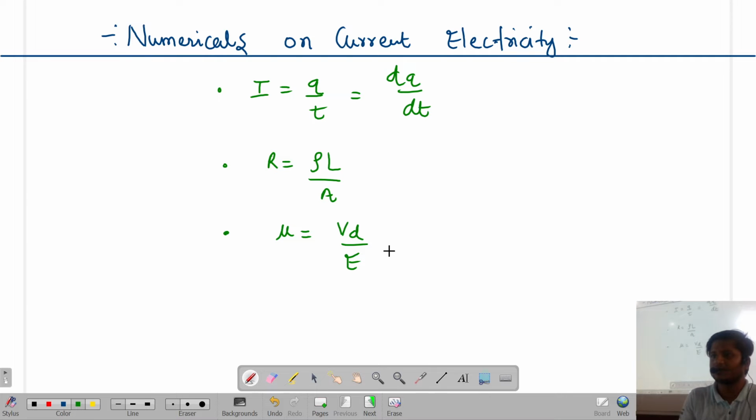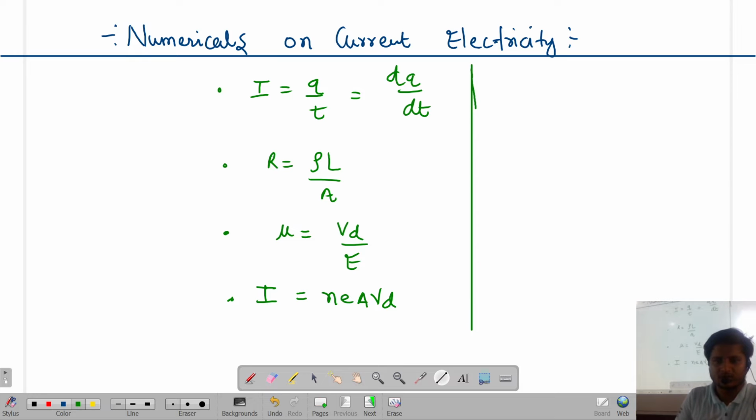Last formula, including drift velocity: I is equal to NEA VD, where A is the area of cross section.